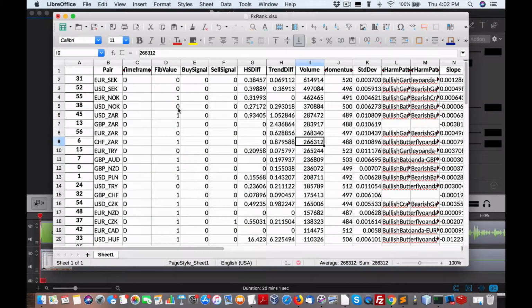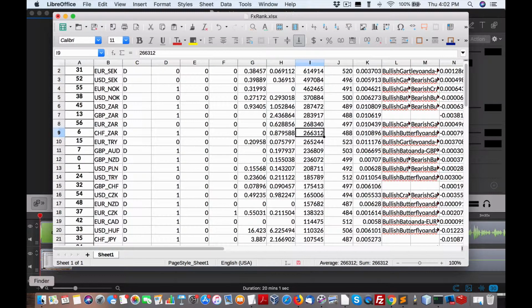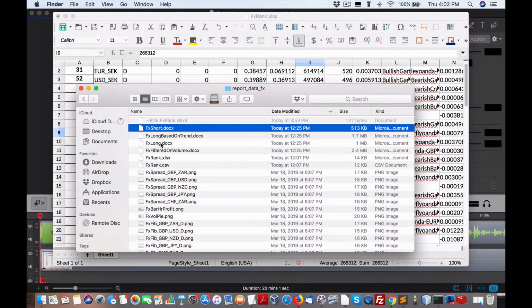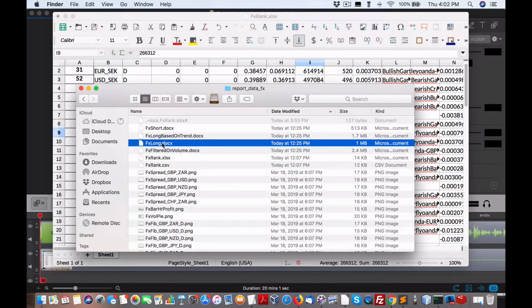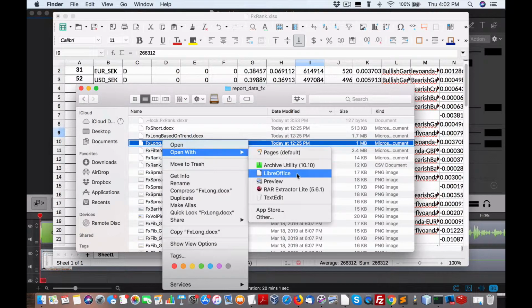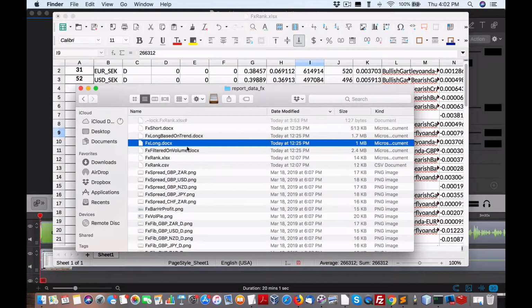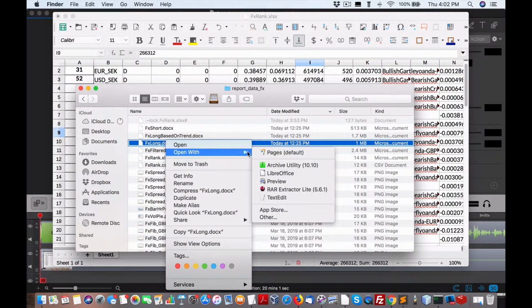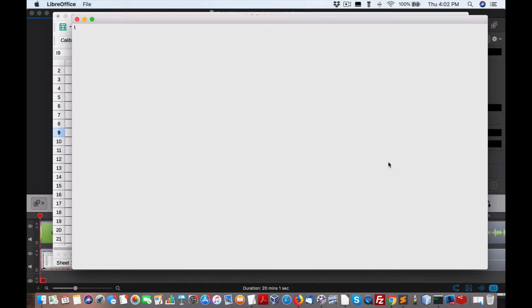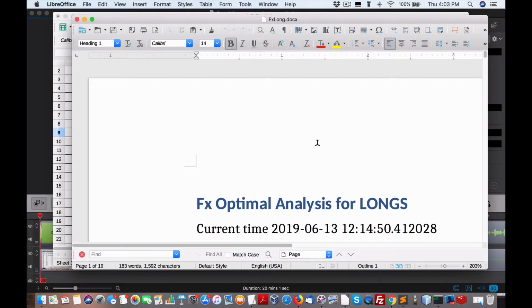All right, so let's look at some more better reports. Let's look at this one, just the raw long. So just so you know that there's also filter based on trend and volume as well. This one doesn't care, it just will list anything. Here, how many pairs we got?